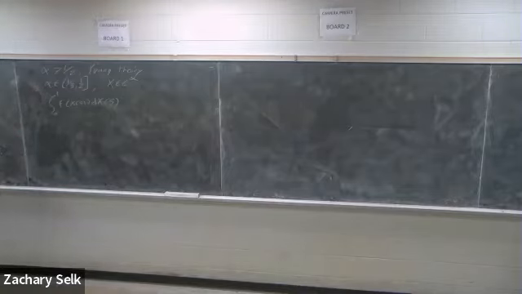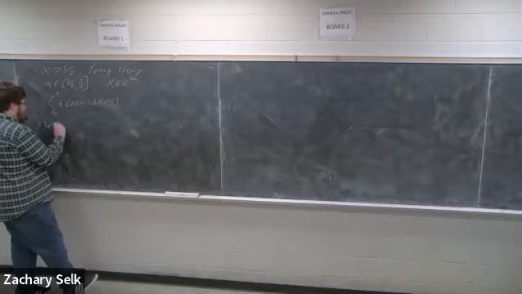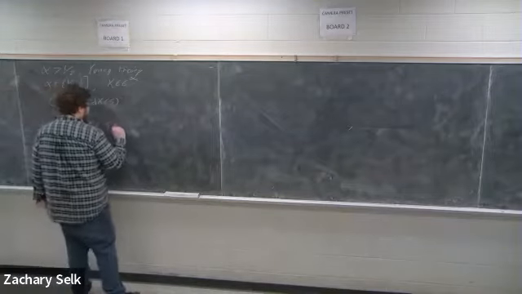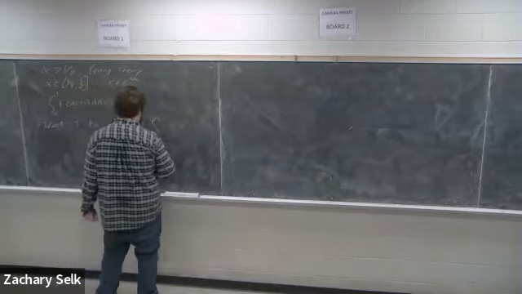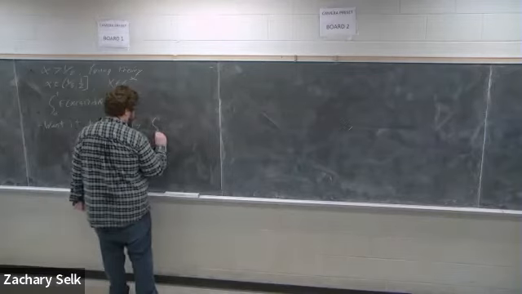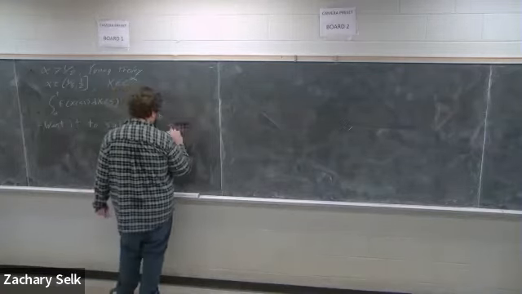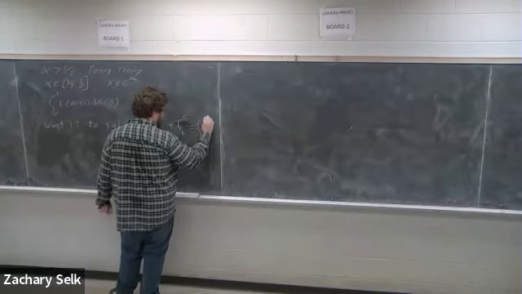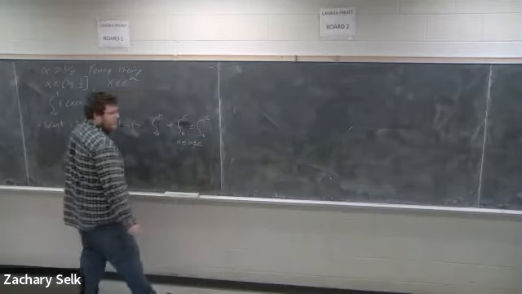First of all, we want the integral from A to B plus the integral from B to C to be the integral from A to C, for A less than or equal to B, less than or equal to C.